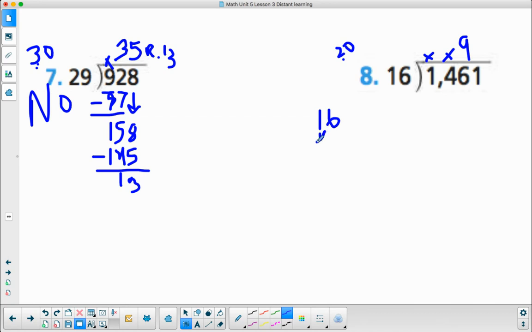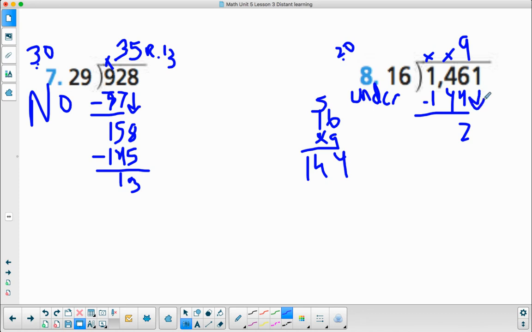I don't know my 16 so well. 9 multiplied by 6 is 54. 9 multiplied by 1 is 9. Gives me 144. So originally I did underestimate, so I better write under here. But now I'm good.